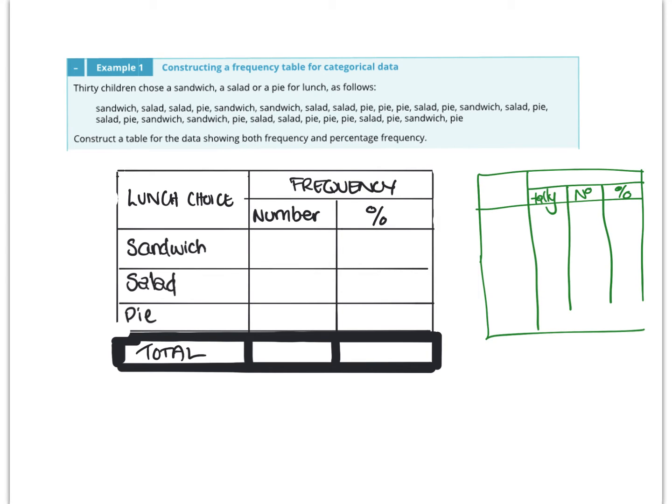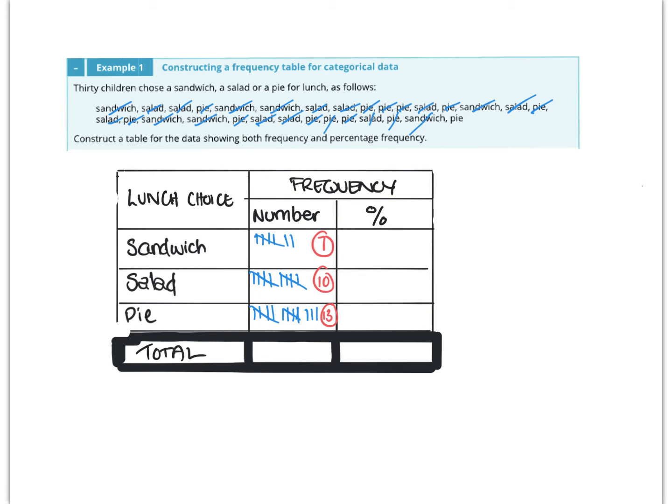The tally can be a bit easier because we can go through and cross them off, and sometimes we use those Roman numerals and count them up. So we've got one sandwich, one salad, another salad, a pie, sandwich. We keep going through until we get through all of them.